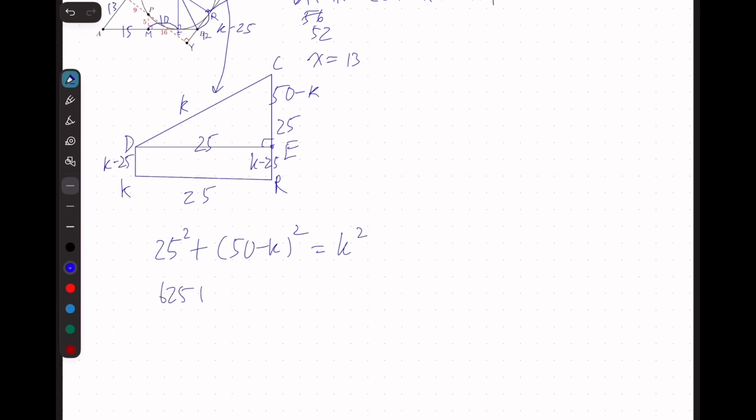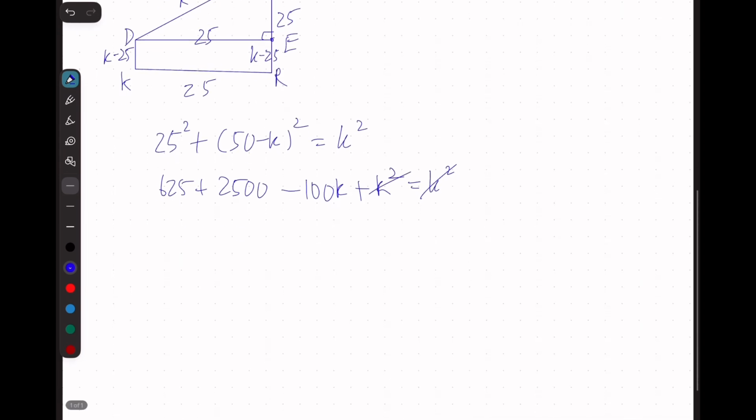So 625 plus 2,500 minus 100K plus K squared equals K squared. Now K squared goes away, and 3,125 equals 100K. Therefore, K equals 31.25.